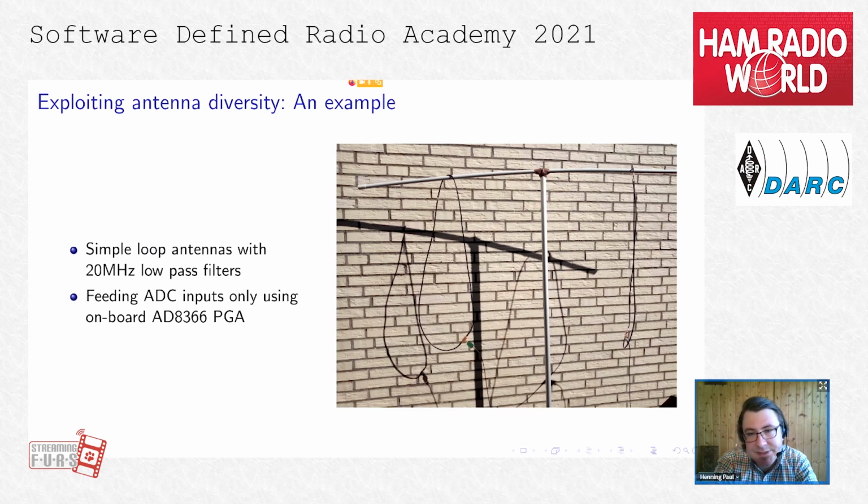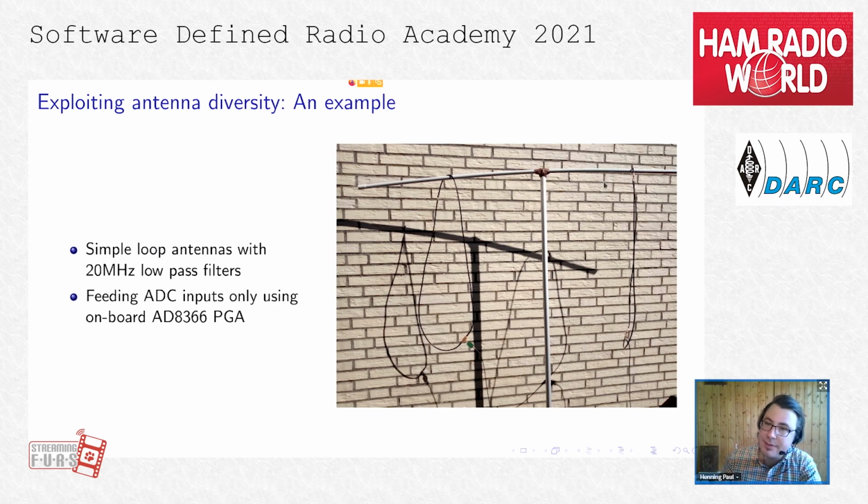Basically, it's just pieces of coax with a crossover adapter here and a 2-to-1 balun here, and a 20 megahertz 7th order Chebyshev low pass directly attached to it. I basically built these 2 very cheap, and not only quick but very dirty antennas.